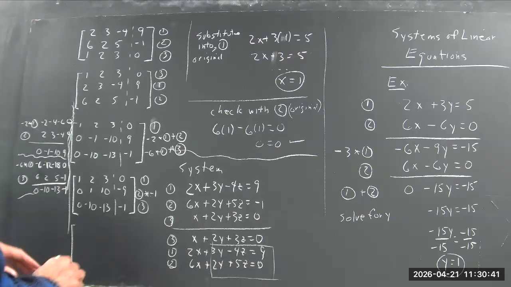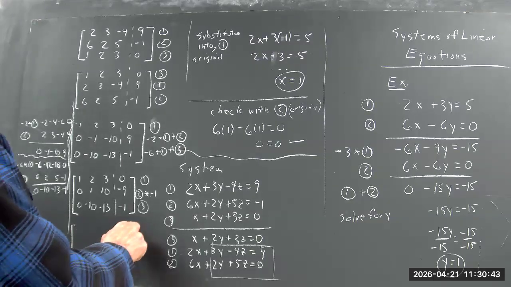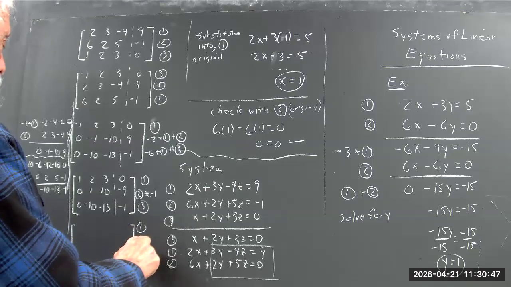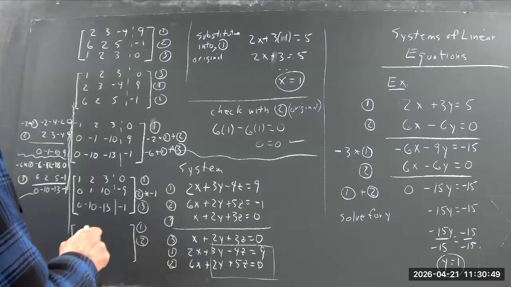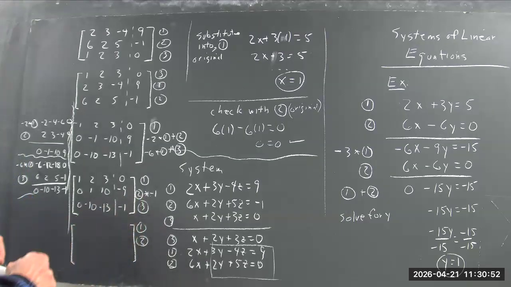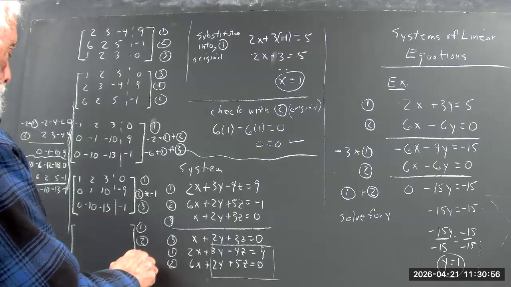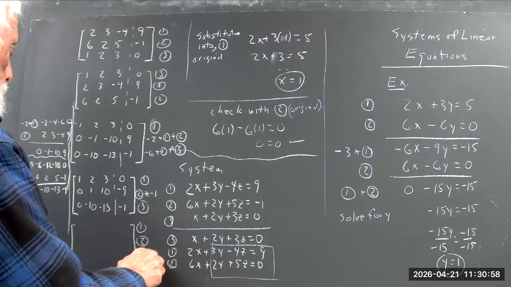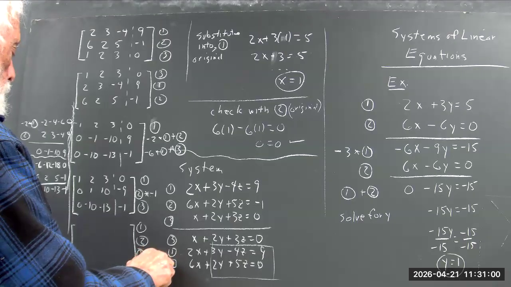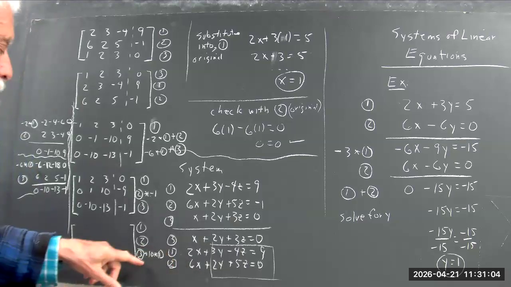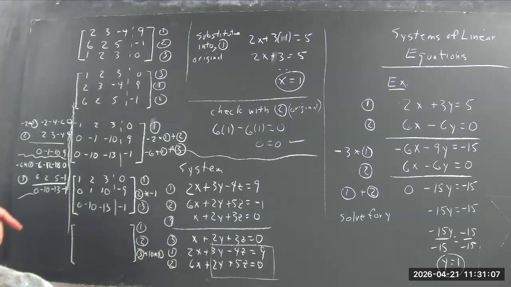Now, my next version of the matrix, I'm going to have the first row there, the second row there. And now the third row is going to become third row plus 10 times the first row.